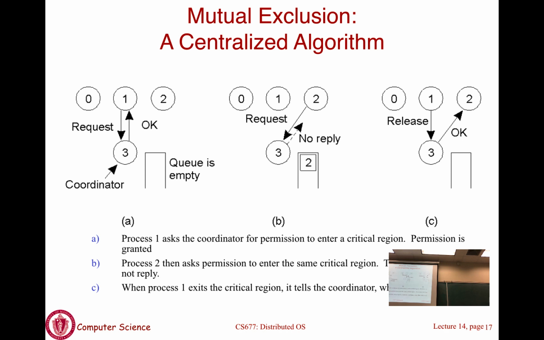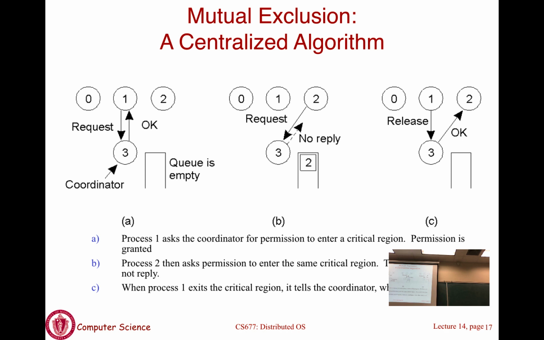Yes, question. So what if we elect another node as the coordinator? The first node and the second node all send requests to node number 3, the coordinator, and the requests have been queued, and then we elect another node as the coordinator.